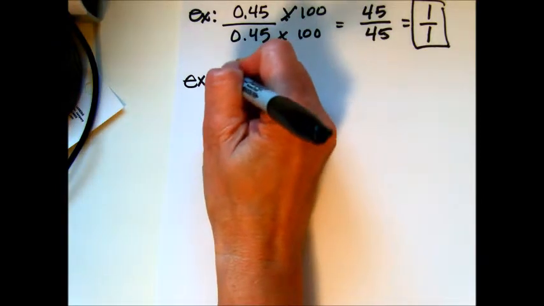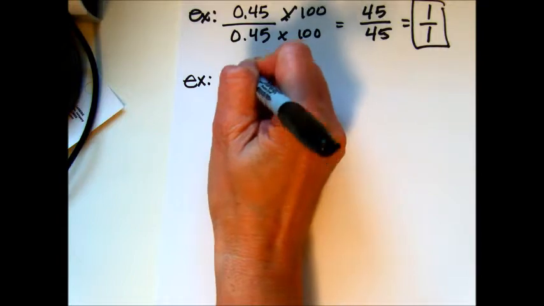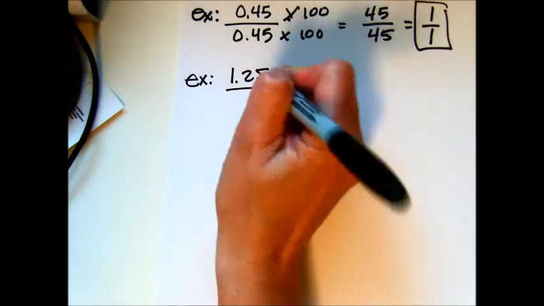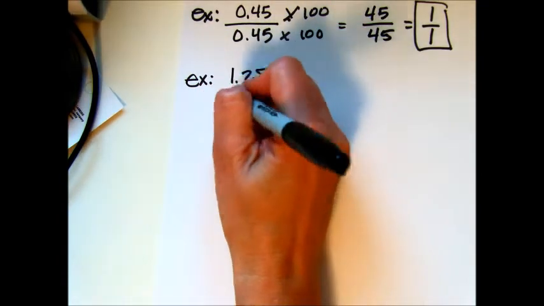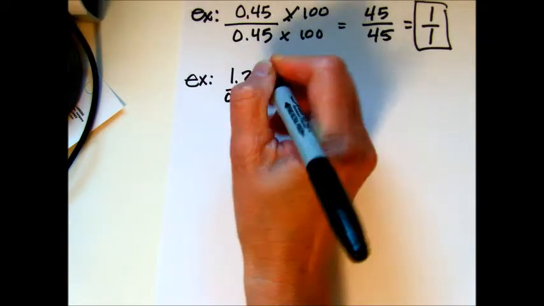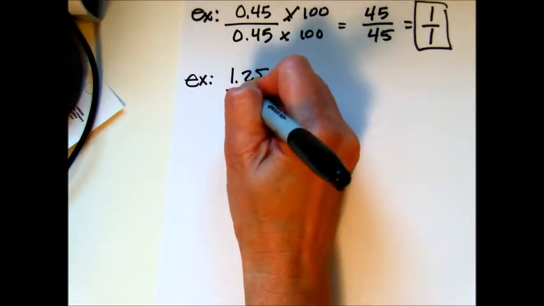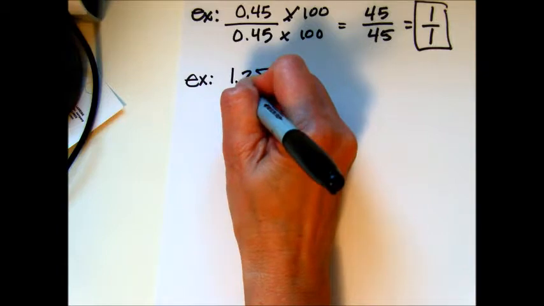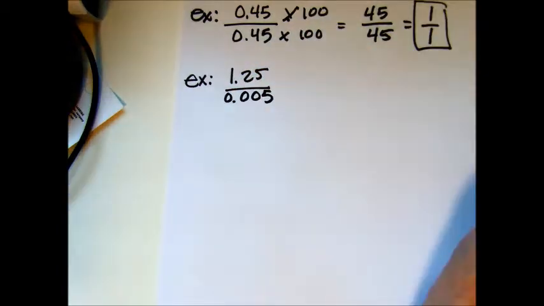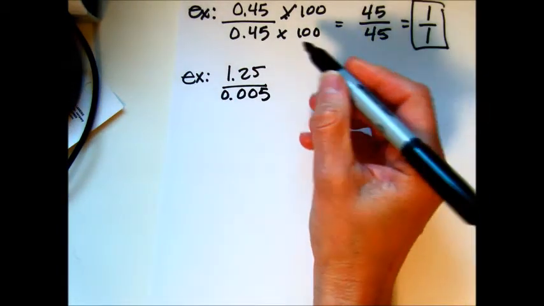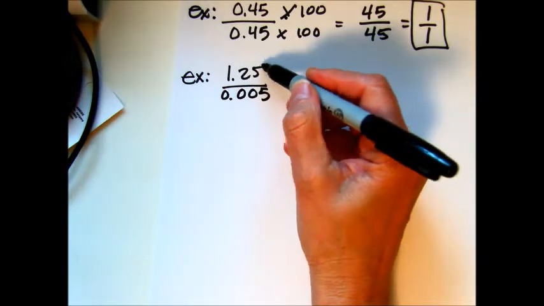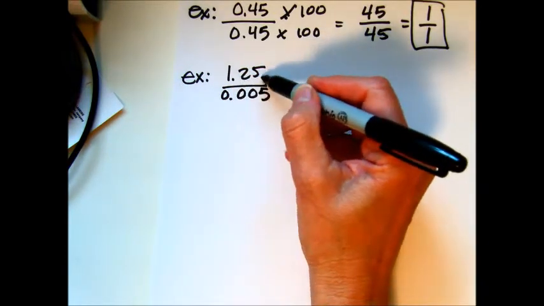Let's do one more. Let's say we've got 1 and 25 hundredths to, we'll make it interesting, 5 thousandths. Again, we want to look at both. This one, if we move it over 2, we'll eliminate that decimal point.